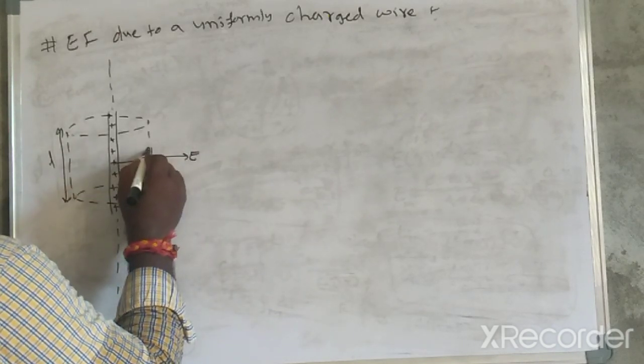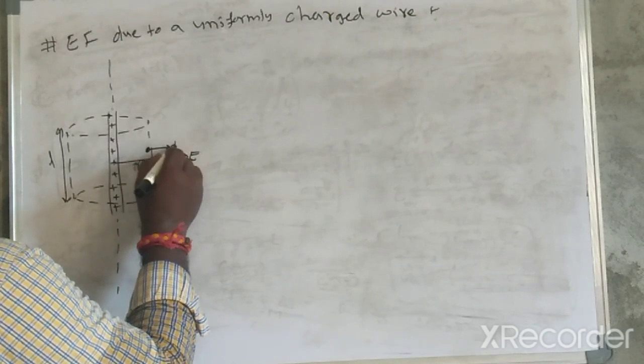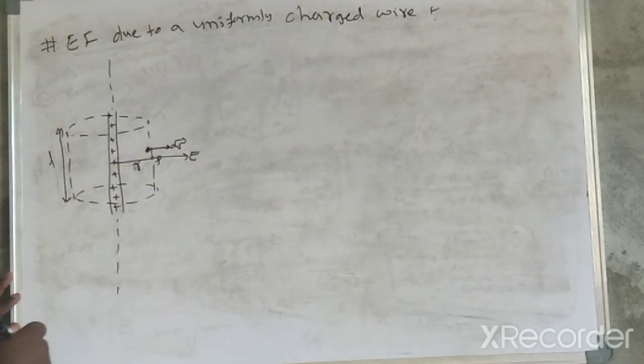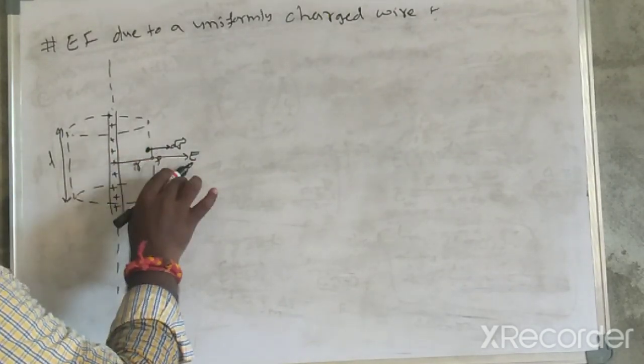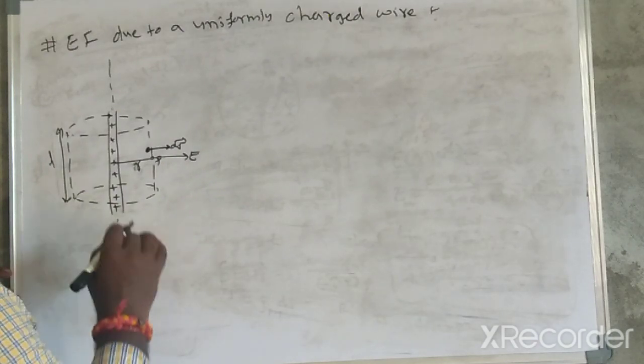A small elemental dS, whose direction is also outward since area is a vector, has the same direction as the electric field.